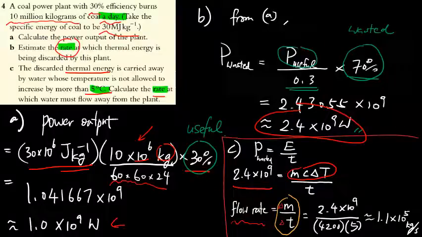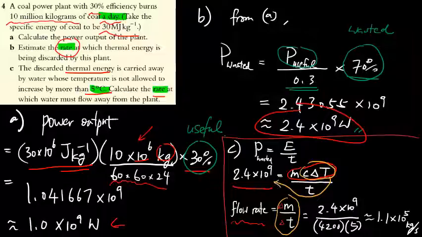And therefore you can find the rest by putting c and ΔT on the other side, which is over 4200 times 5, and you can find the answer is 1.1 times 10 to the power 5 kg per second. So paying very close attention to the unit will be extremely helpful.